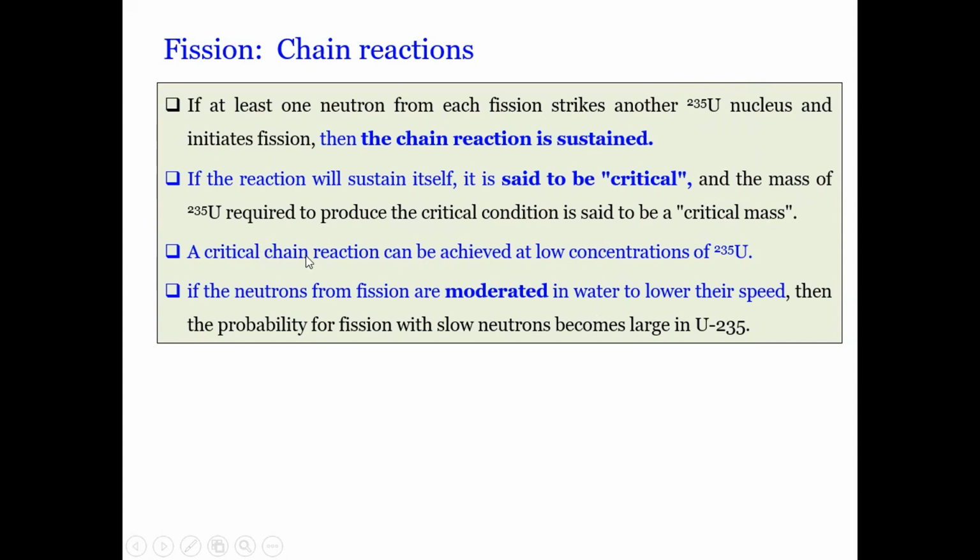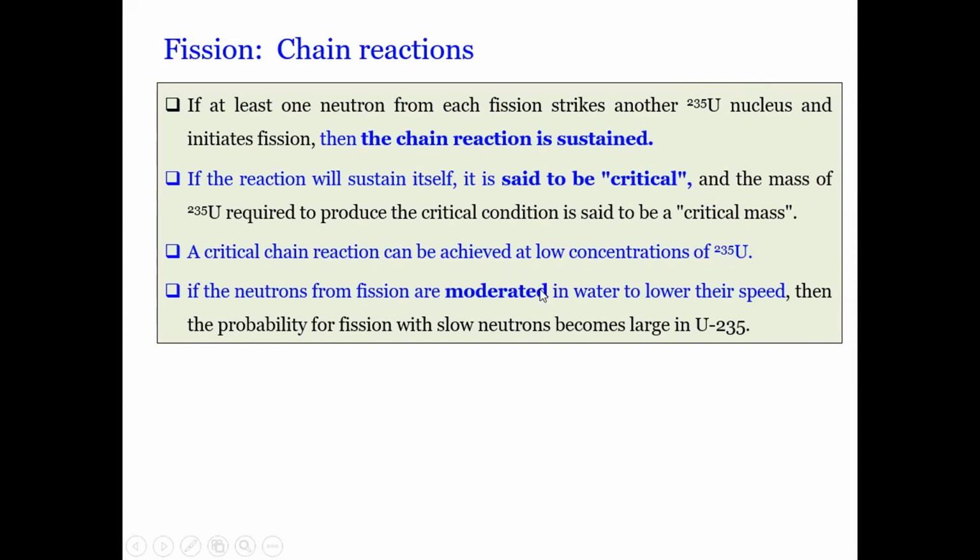A critical chain reaction can be achieved at a low concentration of U-235 without any problem, and that makes the whole difference, that such a reaction is really possible with very low concentrations of U-235.